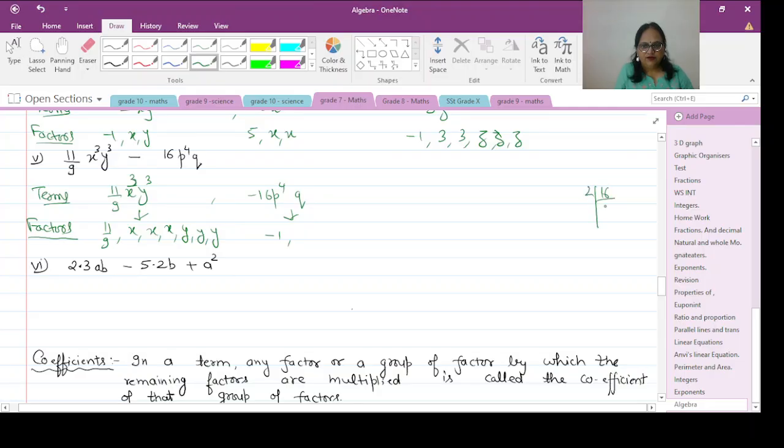Simply 2 8s are 16, 2 4s are 8, 2 2s are 4, 2 1s are 2. You must have done it earlier in the previous classes. So 16 can be written as 2 into 2 into 2 into 2, p 4 times and then q.